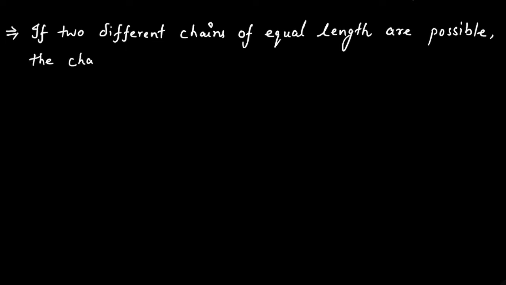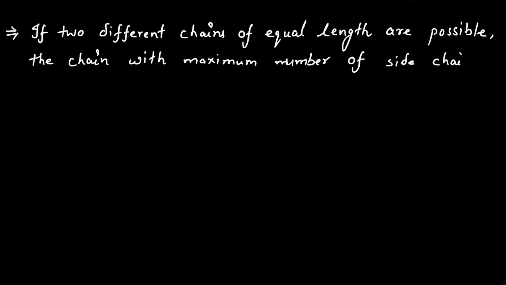The chain with the maximum number of side chains or alkyl groups is the one selected. This point is again very important: if two different chains have equal length, then the chain with the maximum alkyl groups or side chains is preferred.